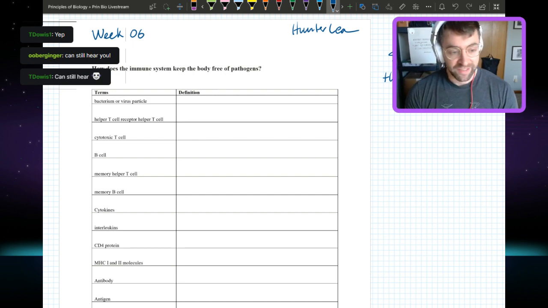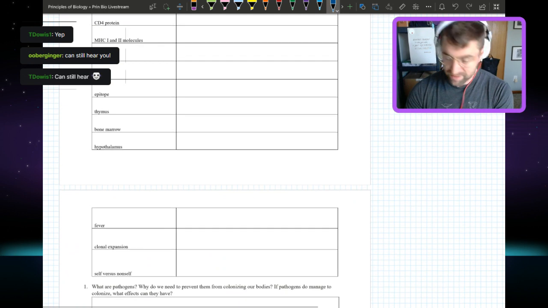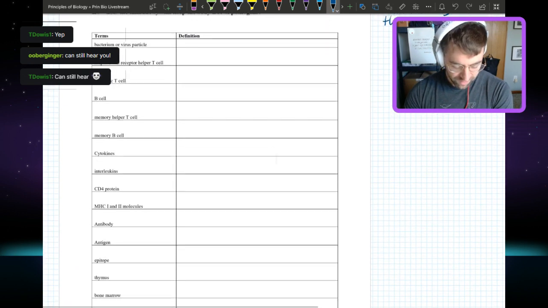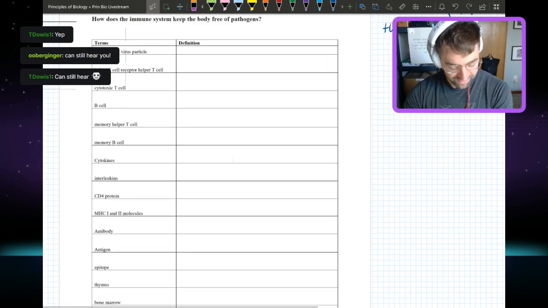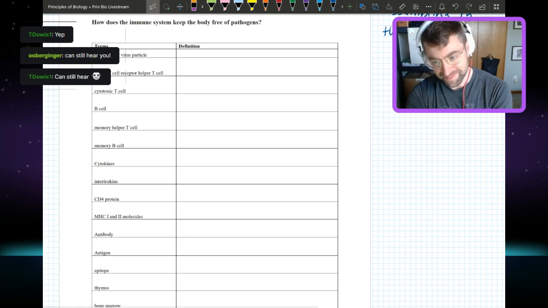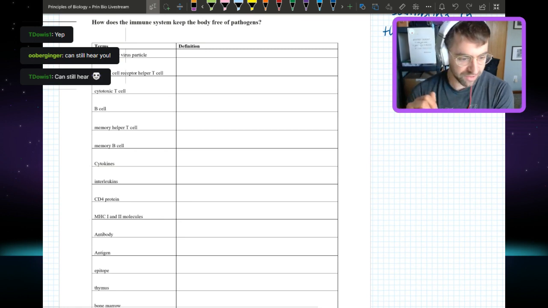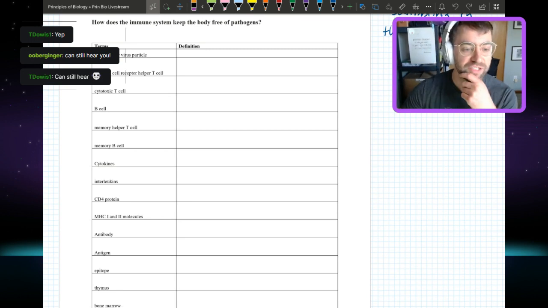So, this first chart here, if you are a person who flashcards, these are very flashcardable. And you can also pull from chapter 43 in the Campbell Biology textbook.